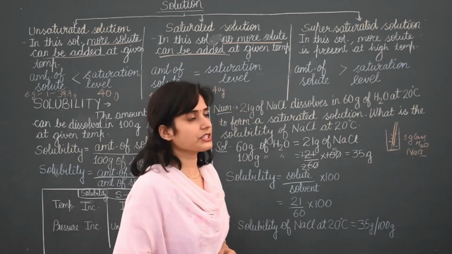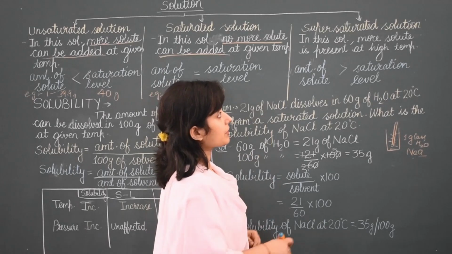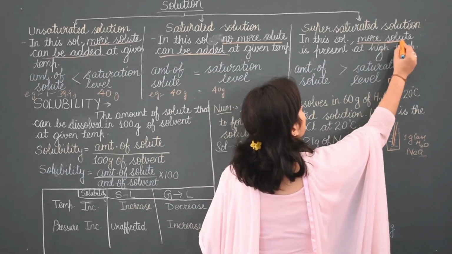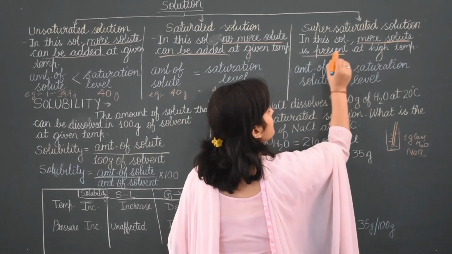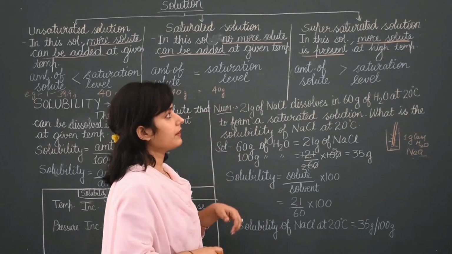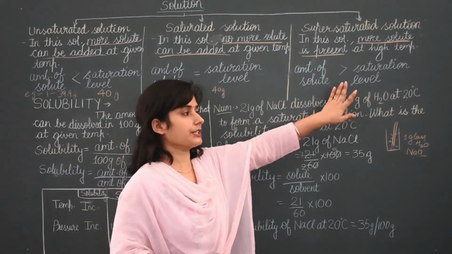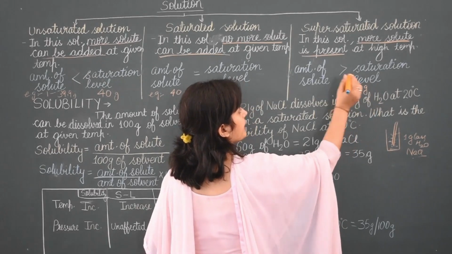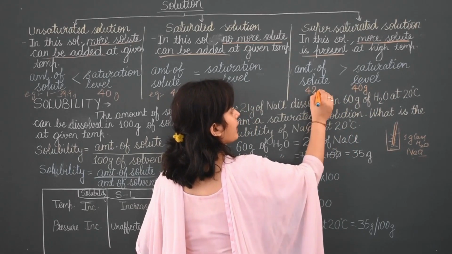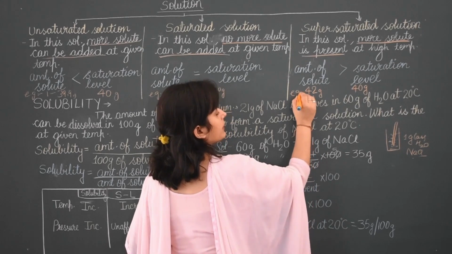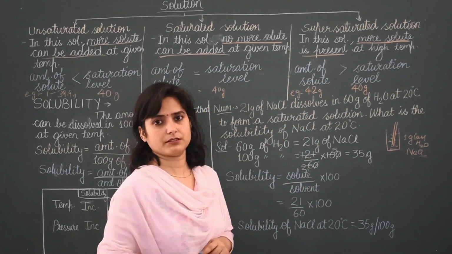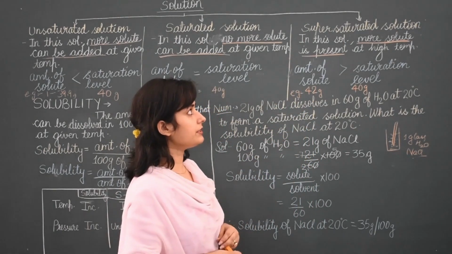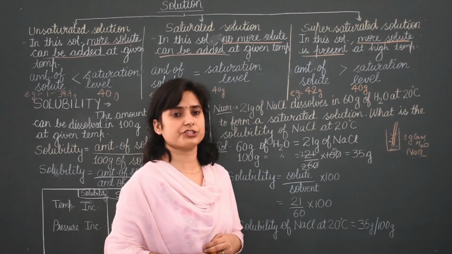So its definition becomes: the solution in which more solute is present than its saturation level. For example, the saturation level is 40 gram, but here 42 grams is present, then it is called a supersaturated solution.